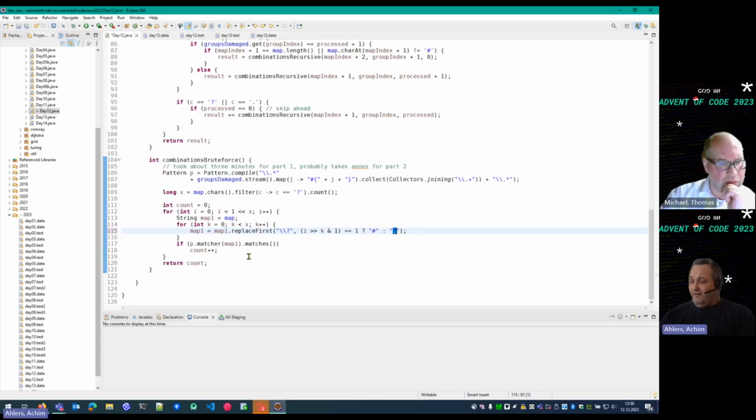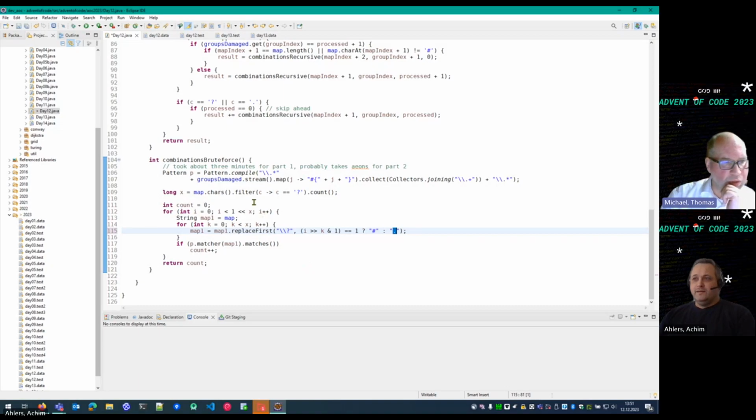And check all iterations through. That takes a lot of time, and maybe the pattern matching doesn't do anything to make it any better, but it's very compact. Can you show us what is inside groups damaged?